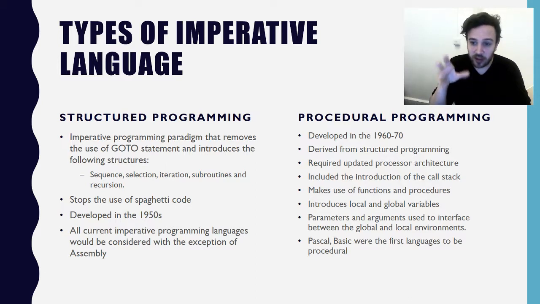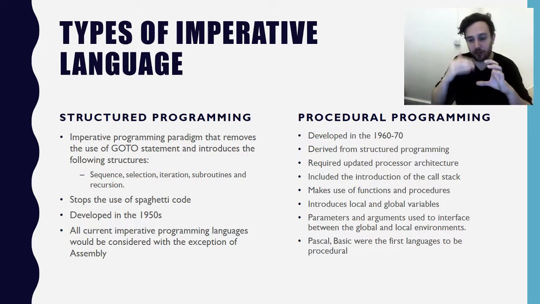What they implemented was the call stack. It remembered the line of code that it was at when a procedure was called, and then if a procedure called a procedure within that, it would place another return address onto the stack. This call stack also includes all of the variables that are associated with a given procedural function.